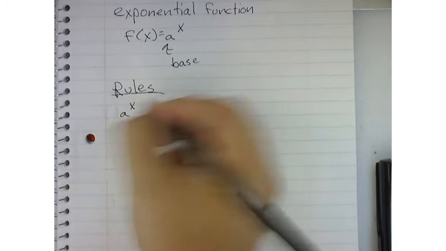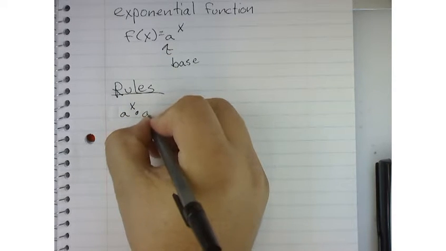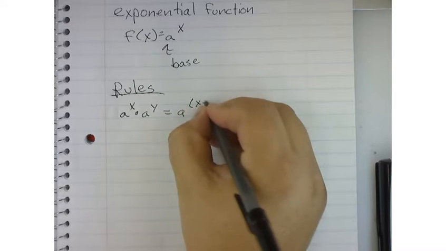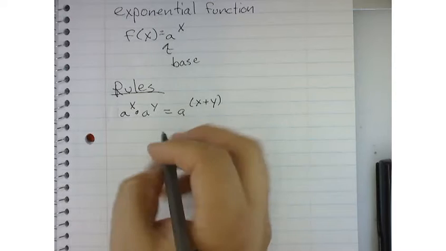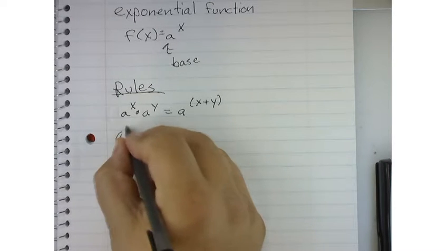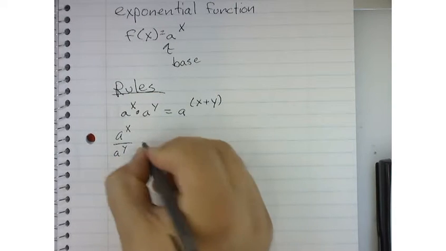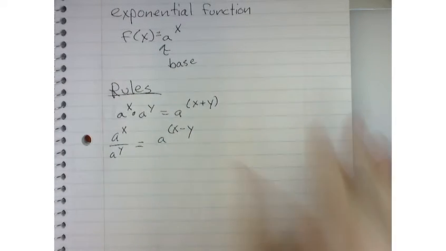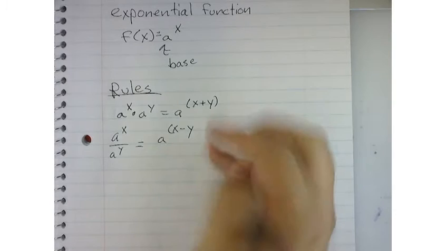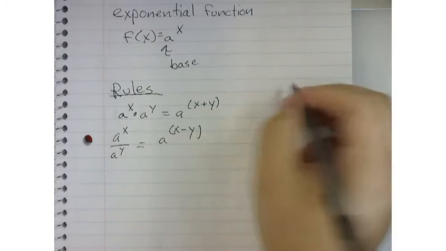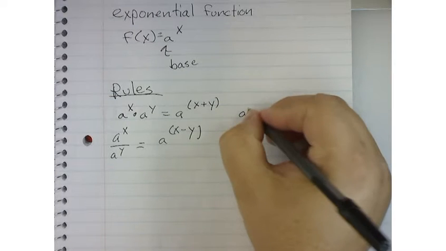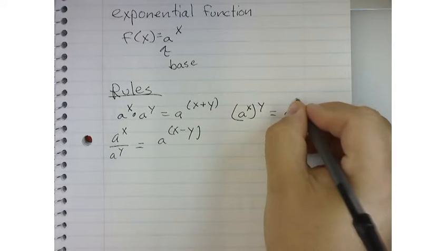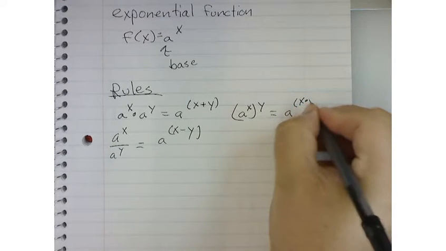If I say a to the x times a to the y, that's the same as a raised to the x plus y. If I say a to the x all over a to the y, that's the same as a to the x minus y. And notice all these have the same base, if I say a to the x raised to the y, that's the same as a to the x times y.